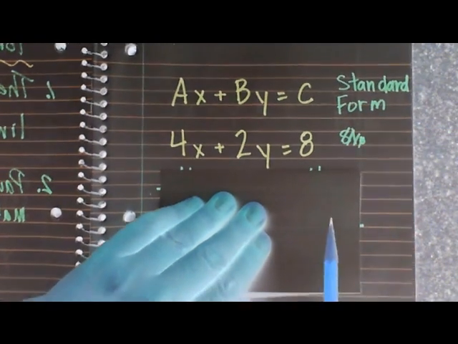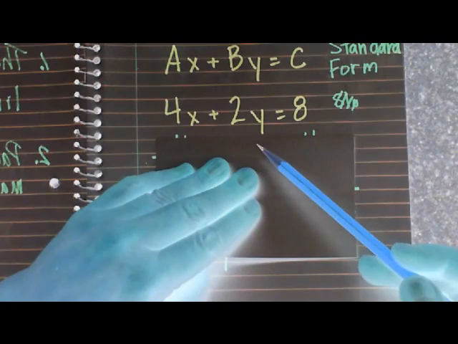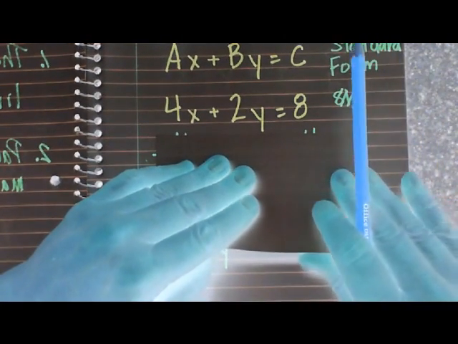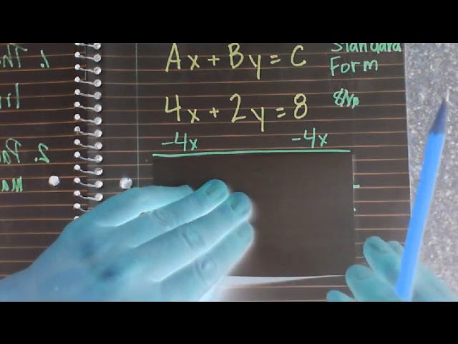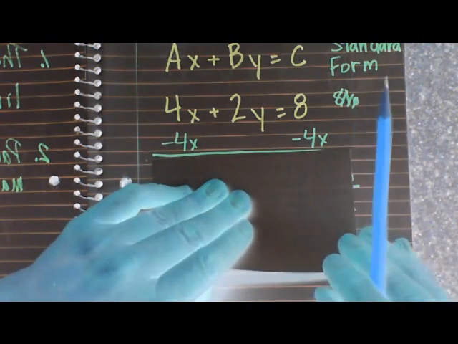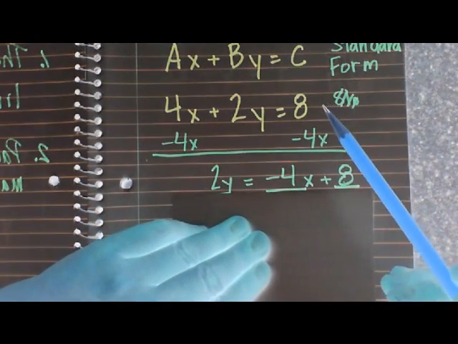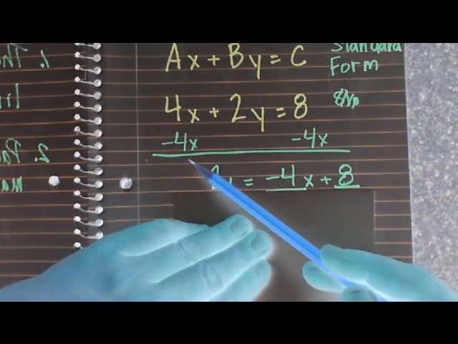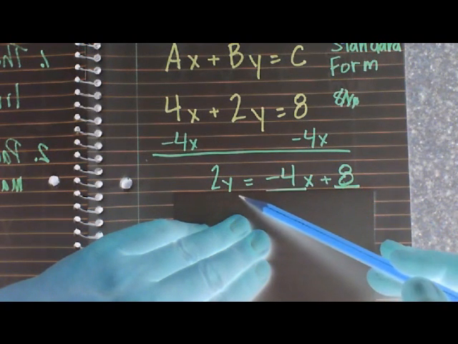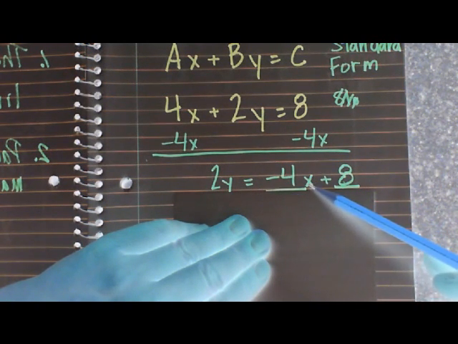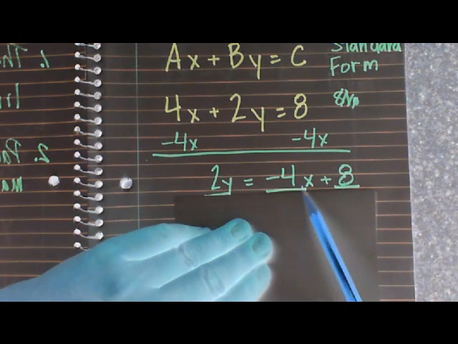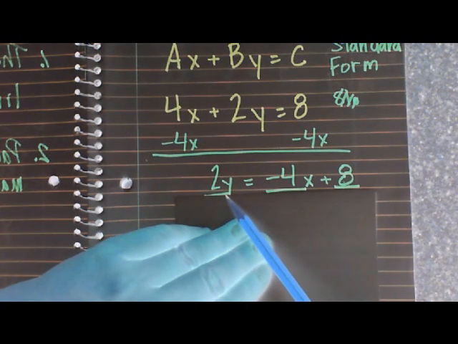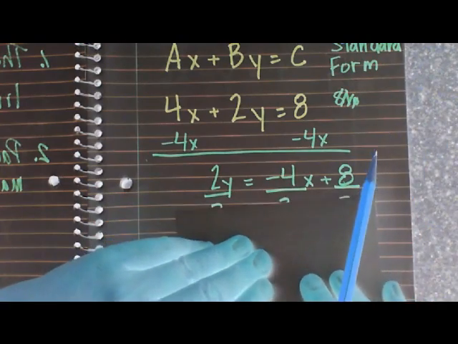If we want to make this standard form into a slope-intercept form, the first thing we do is subtract 4x from both sides. 4x goes away. The left side would be 2y. The right side then equals minus 4x plus 8. We will divide all of the terms by 2 so that we can get y by itself.